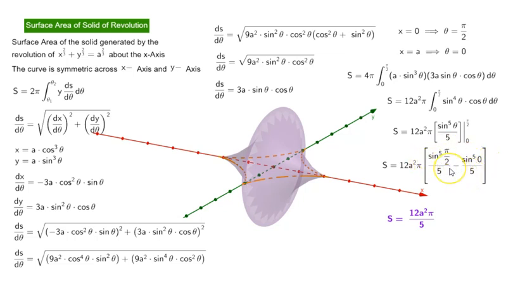Here, sine pi by 2 is 1. So 1 to the power of 5 is 1. So we have 1 by 5. Which means we have 12a square pi by 5. So this is the surface area of this solid of revolution. Very interesting, right?